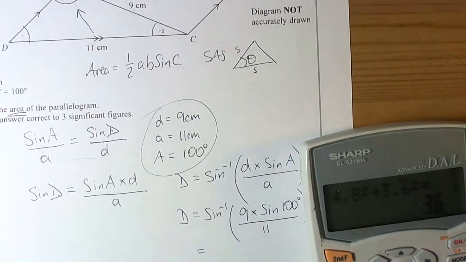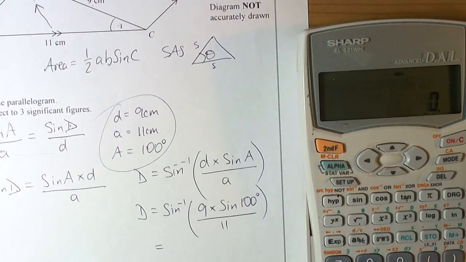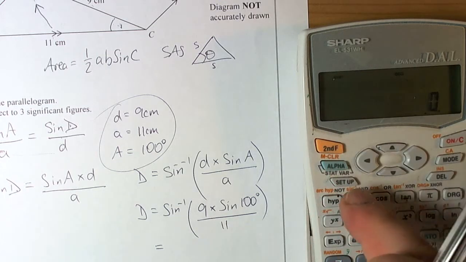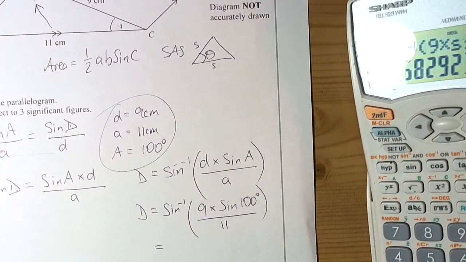So we get our calculator, making sure it's in degrees mode. So we've got second function sine to the minus 1, bracket of 9 times the sine of 100 divided by 11, close bracket, equals.